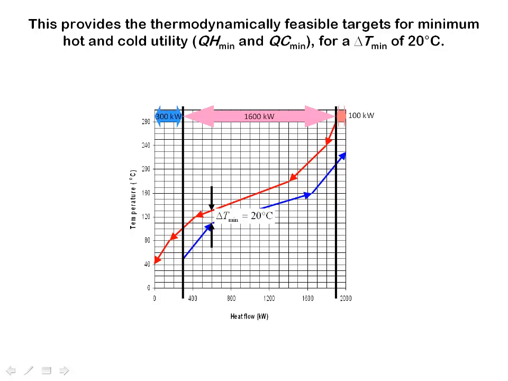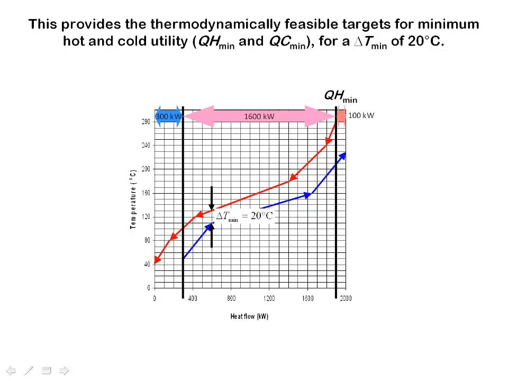If we've decided that a delta T min, a minimum temperature difference of 20 degrees, is appropriate, that will give us heat exchangers that aren't too large, then having made that decision, this is the maximum amount of heat recovery that you can possibly achieve. This is the minimum amount of hot utility and cold utility that you can possibly require.